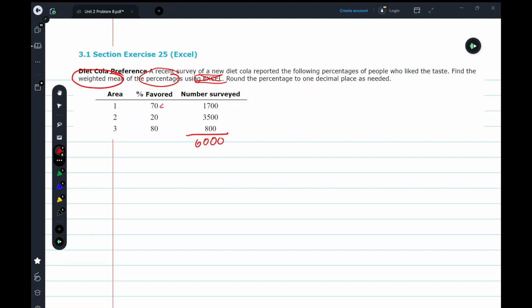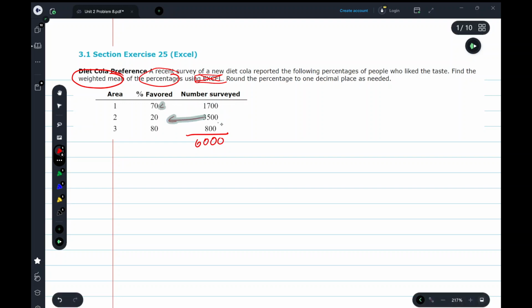Of the 6,000, 1,700 of them, 70% of those 1,700 favored it. And likewise with each of these.